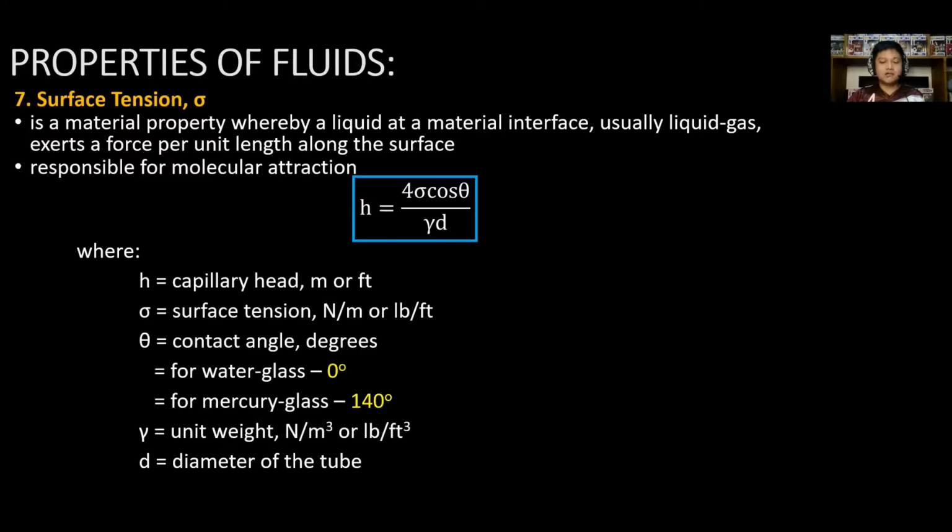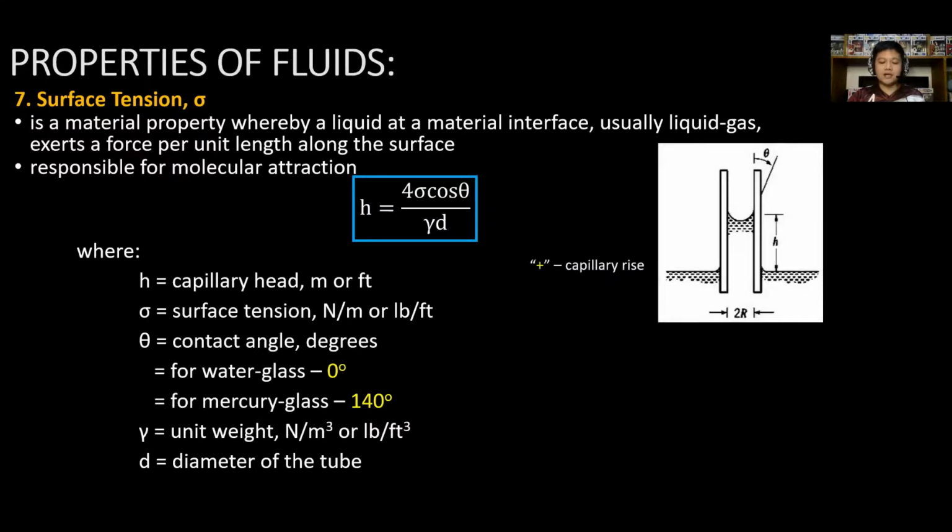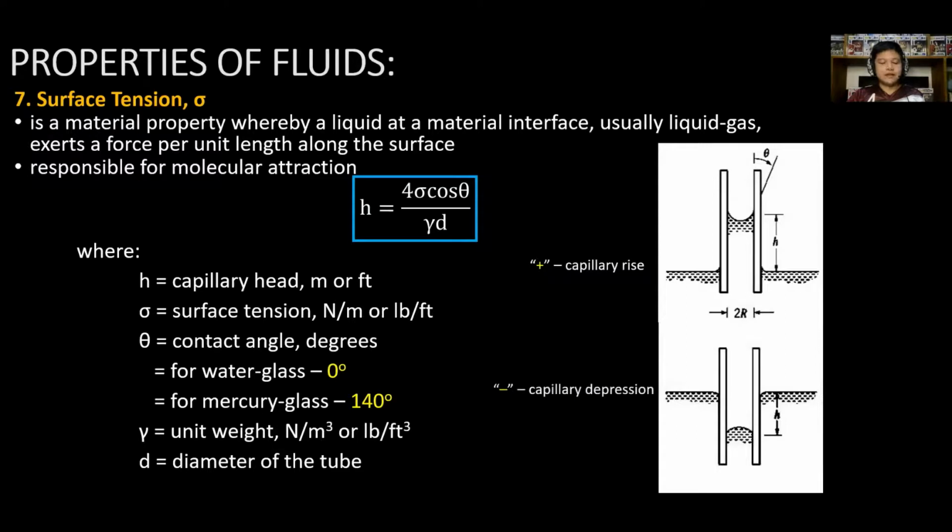So the two possible conditions are, first, the capillary rise, or the surface of fluid inside the tube is higher than the original surface. And the other is capillary depression or drop, or the surface of liquid inside the tube is lower than the original surface.